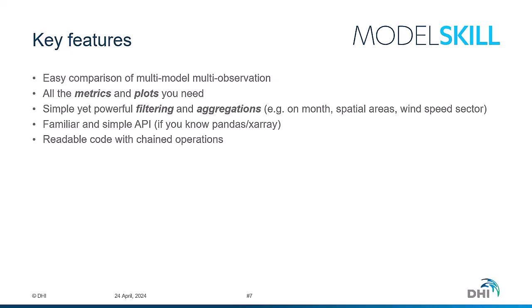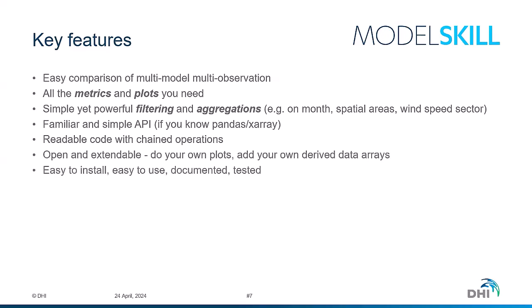We have tried hard with the API to make the code readable so that you can use these chained operations, as you also saw Henrik demonstrate. So we use this dot notation, so dot plot, dot KGE, etc. The library is open and extendable, so you can do your own plots, add in your own derived data arrays if you want to during the processing.